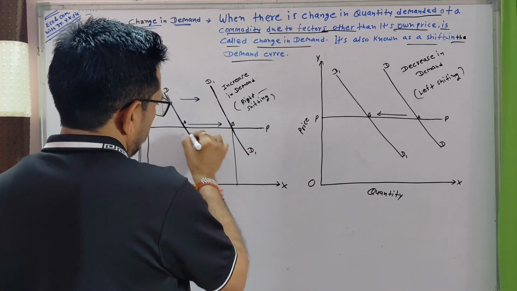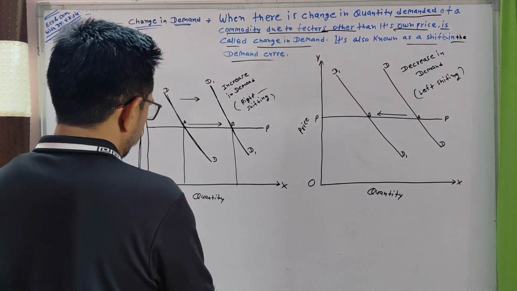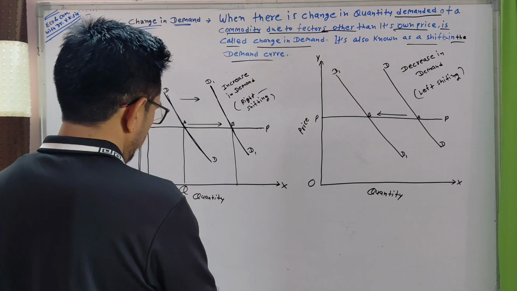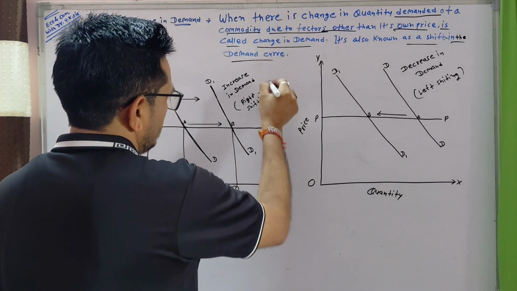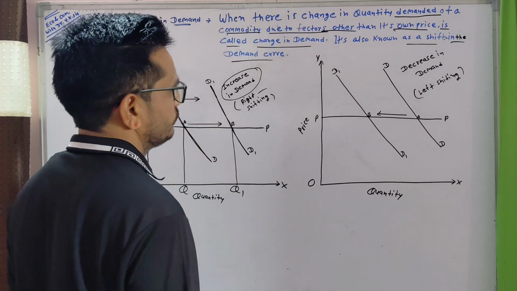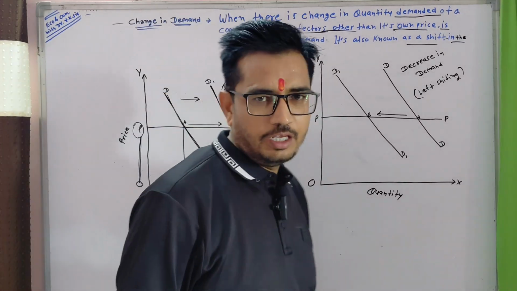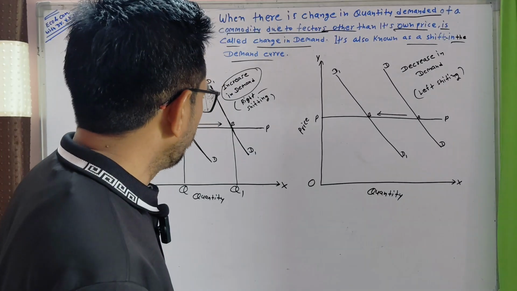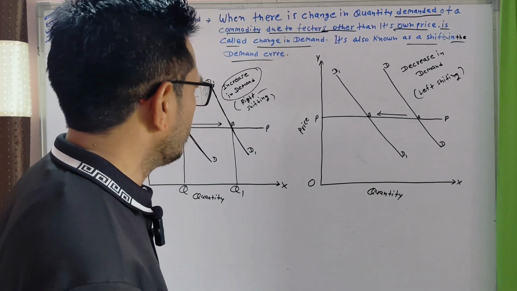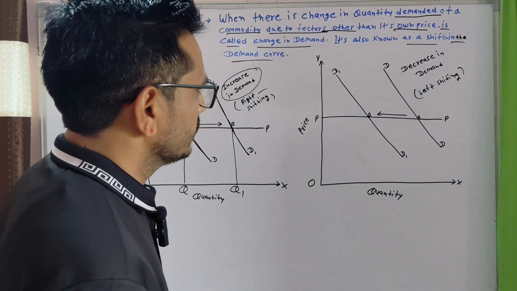So we can say quantity demanded goes from OQ to OQ1. That is increase in demand. I hope you understood what is increase in demand and decrease in demand.